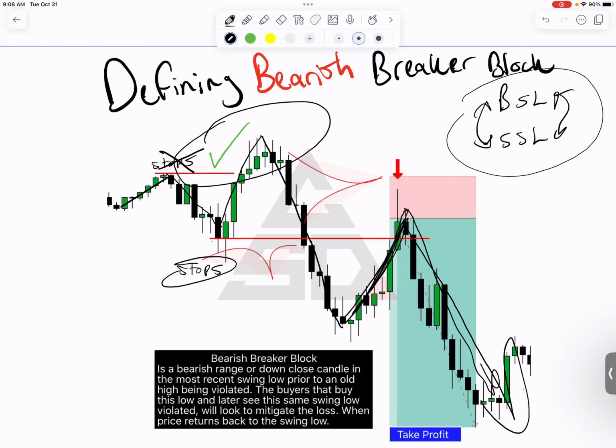In this case, it's a bearish breaker, so it traps buyers in the market, and it just completely goes against the retail trader's perspective. We're going to get deeper into breakers, and we're going to fine tune you guys on what you should be looking for when you actually identify these patterns.